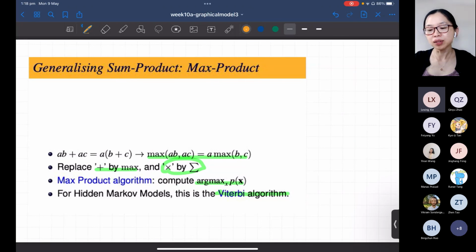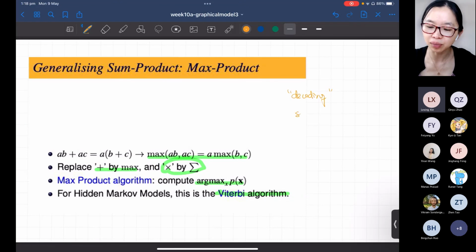So let me just make a note about this: max product is super useful. The sum product is useful for inference and learning parameters. The max product, this decoding kind of operation, is actually being done all the time.